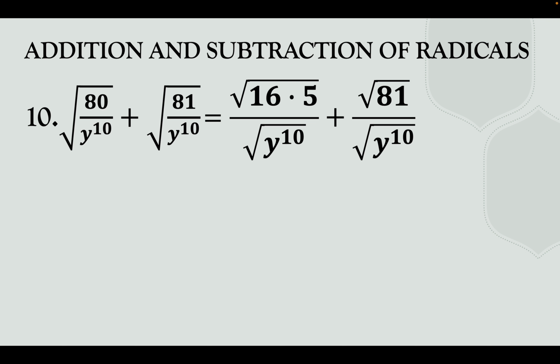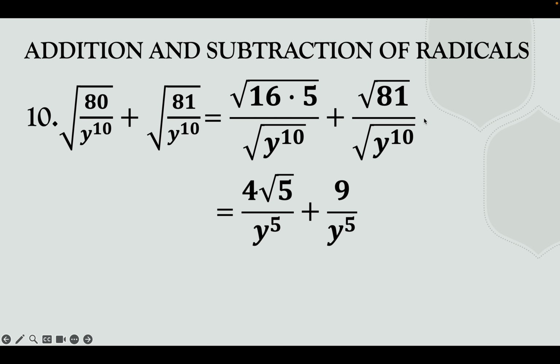In simplifying this one, you just need to factor the terms that have perfect squares and non-perfect squares. So, we have here 80 is square root of 16 times 5, since square root of 16 is a perfect square. And then, simplify also the denominator. So, first, in the numerator, square root of 16 is 4, so we have 4 square root of 5.